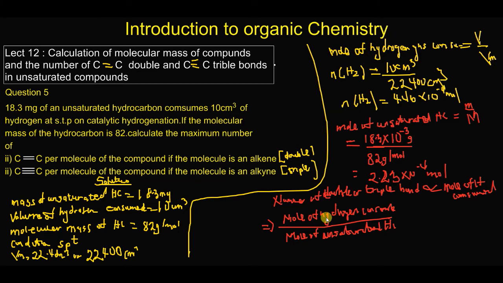So that is the trick, because the number is proportional to the volume of hydrogen consumed. If you want to find the number, you just divide by the mole of the whole compound, and then you will know that.